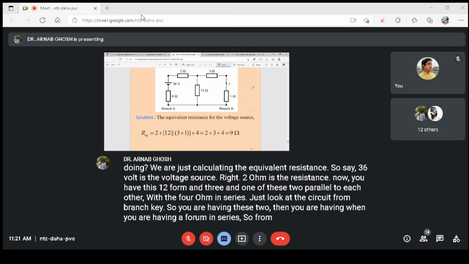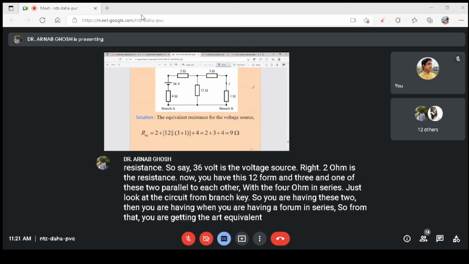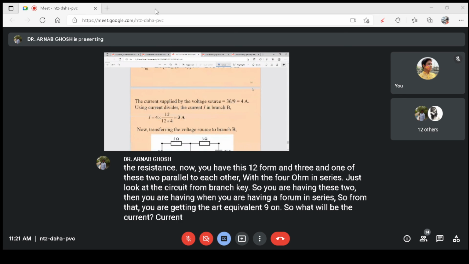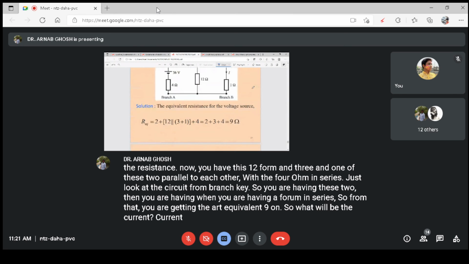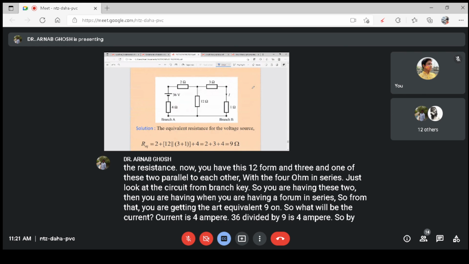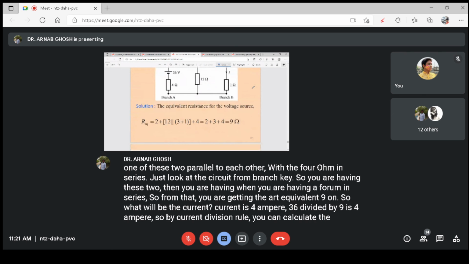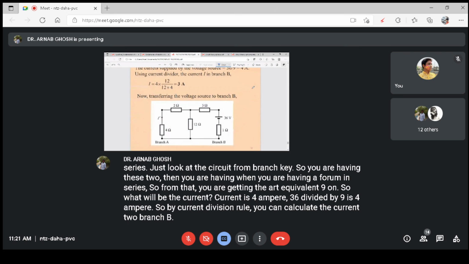So from that you are getting the R equivalent 9 ohm. So what will be the current? Current is 4 ampere. So by current division rule, you can calculate the current through branch B, that is coming out as 3 ampere.